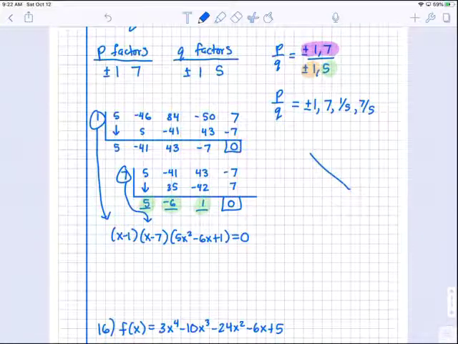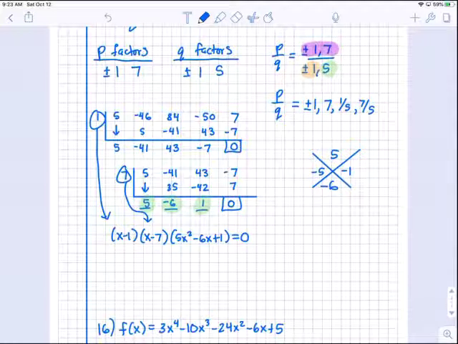So using your guys' x method, your a value and your c value, you multiply those together, so 5 times 1 is 5, which is on top, and then your b value, which is the middle coefficient, that's going to be -6, and put it on the bottom. So what times what is 5, but when added together it's -6? I know that -5 times -1 is 5, but when added it's -6.